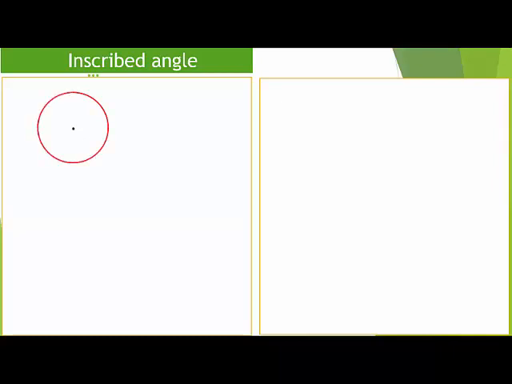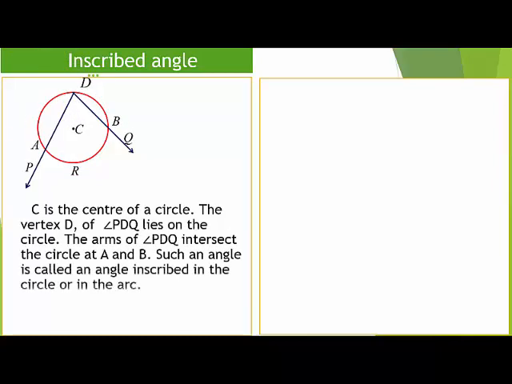Now we see some more related terms of cyclic quadrilaterals. Inscribed angles. See this figure. In this figure, C is the center of a circle. The vertex D of angle PDQ lies on the circle.